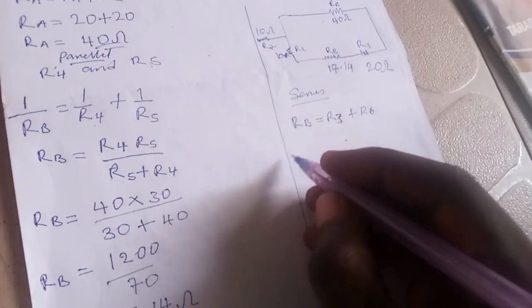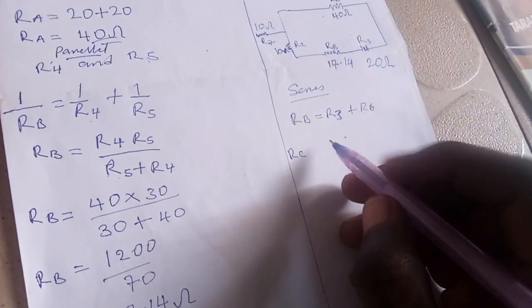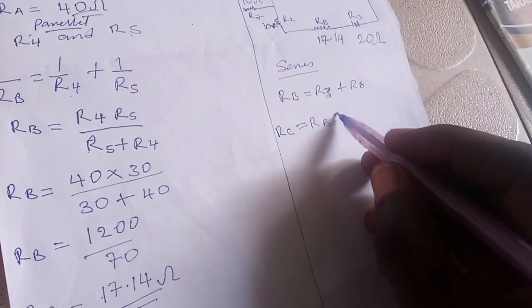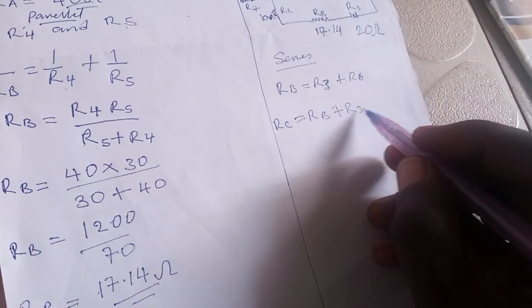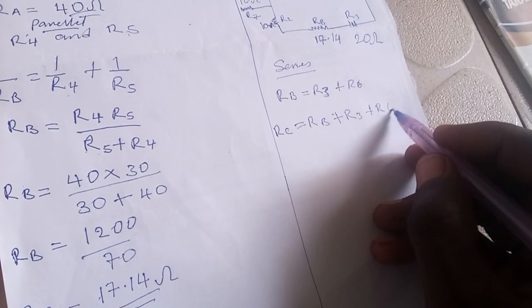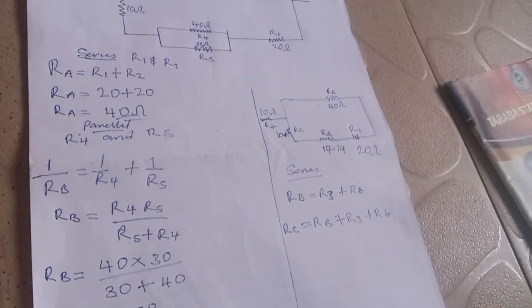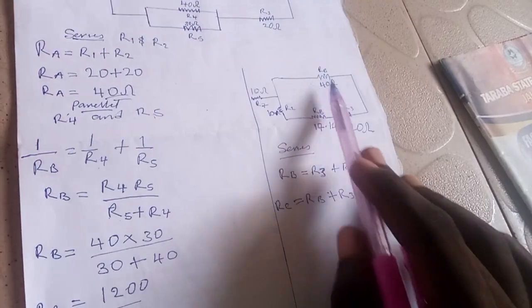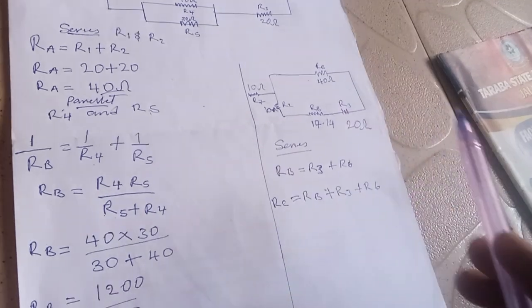So you're going to come and say RC will be what? RB plus R3 plus R6. Okay, this RB here is from this complete one because you have already calculated.